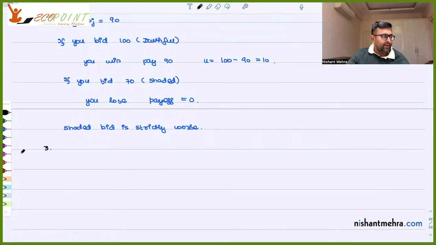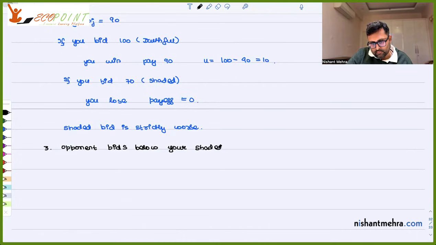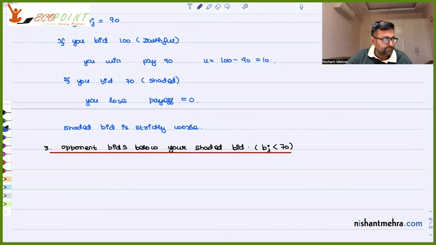Then you have case 3. The opponent is going to bid below your shaded bid also. Your bid was 70. He bid below 70.